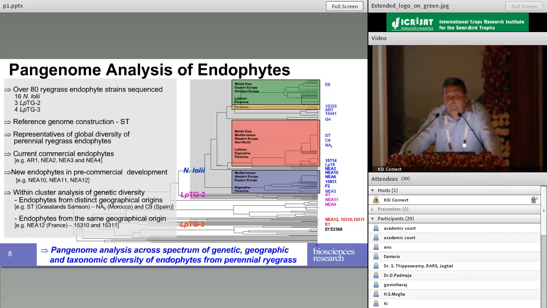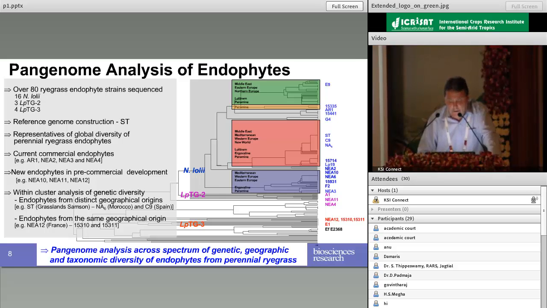We established a reference genome for Neotyphodium lolii, and we have now sequenced over 80 ryegrass endophyte strains, covering endophytes that are in commercial deployment today, others that are in pre-commercial development, as well as a global diversity across the different geographic origins of these fungal endophytes.